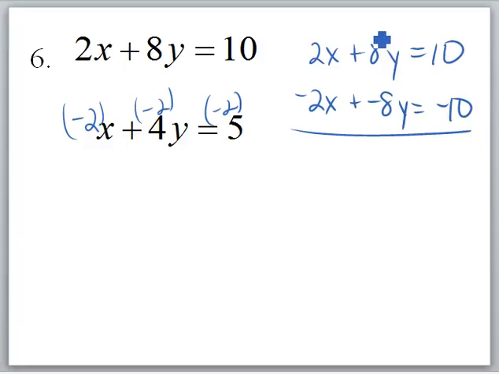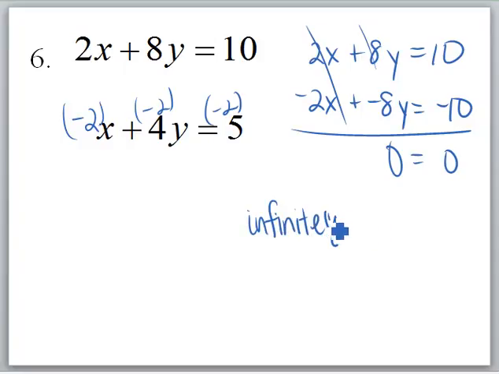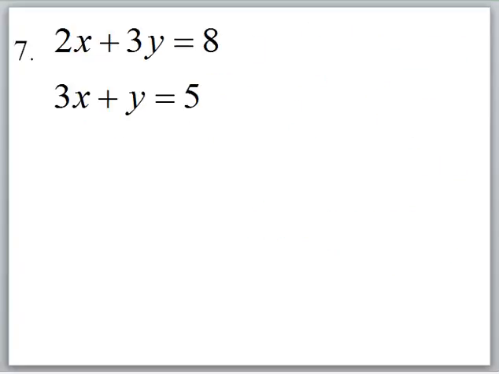Well, when I do this, actually everything cancels, and so I get 0 equals 0, which means my answer is infinitely many solutions. When I get a true statement, my answer is infinitely many solutions, meaning they were really, truly the same line.